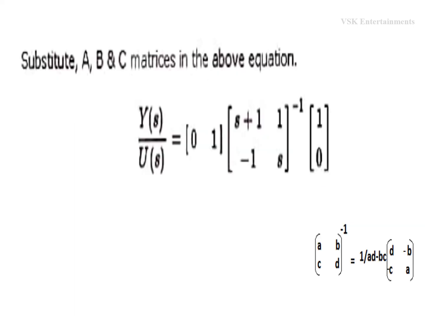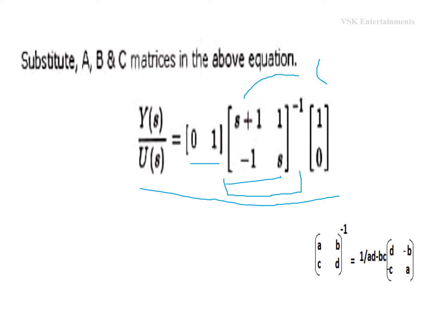By substituting, we get Y(s)/E(s) equals [0 1] times the inverse of [s+1 1; -1 s] times [1; 0]. This matrix represents (sI minus A) inverse, and we have to apply the inverse of this 2 by 2 matrix.